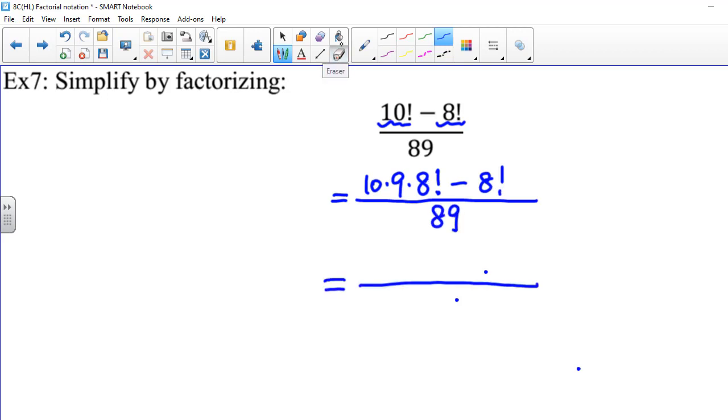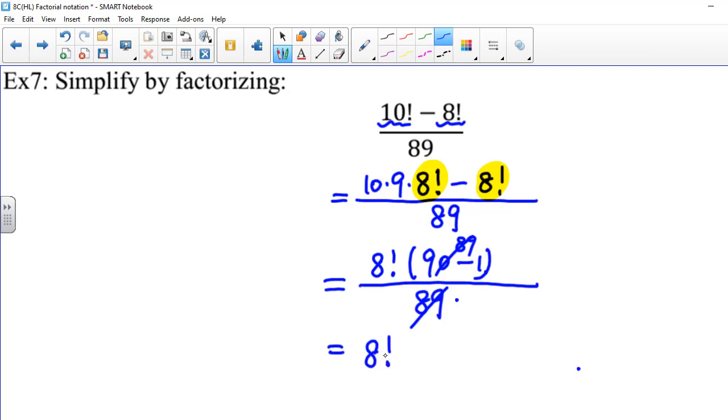I can take out the GCF in the numerator. The GCF is 8 factorial. Let's factor out the 8 factorial. Then I have 90 minus 1 left in the brackets, divided by 89. 90 minus 1 is 89, which cancels out with 89 in the bottom. So the answer for this expression is 8 factorial.